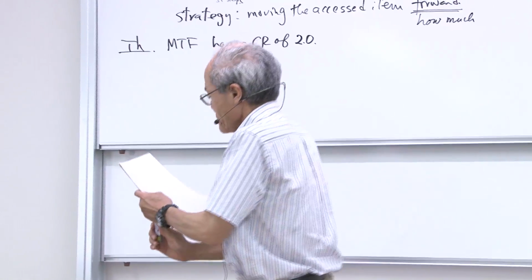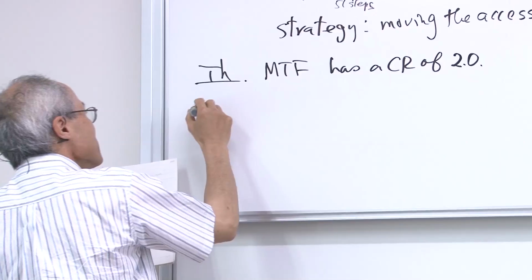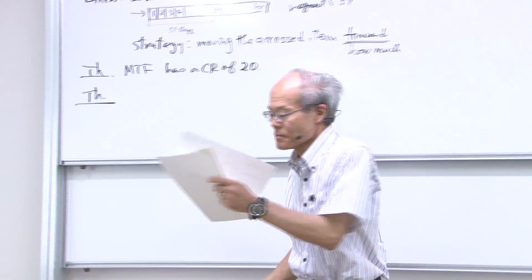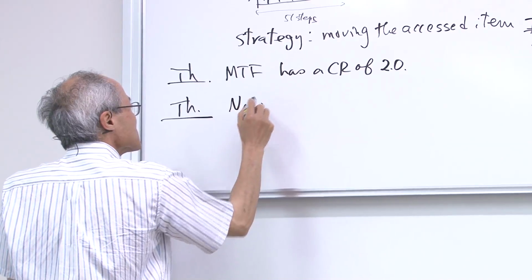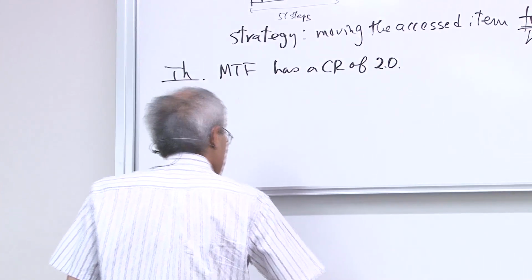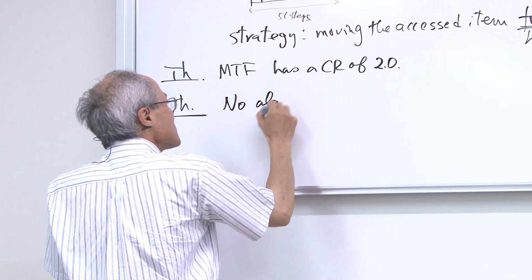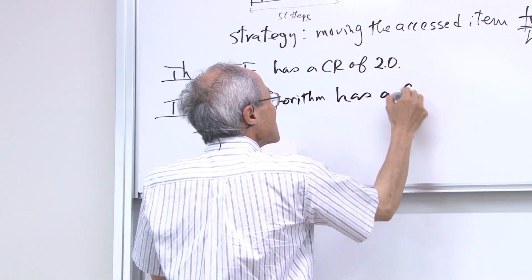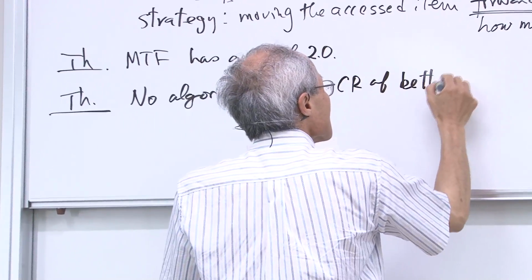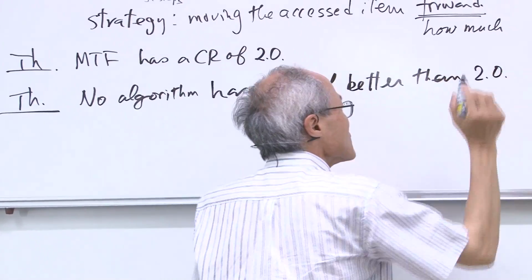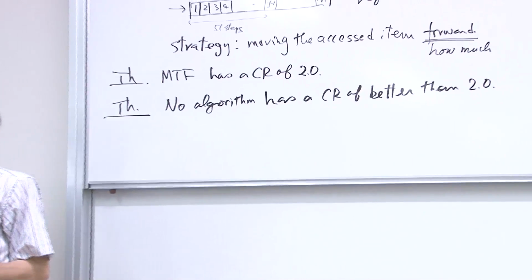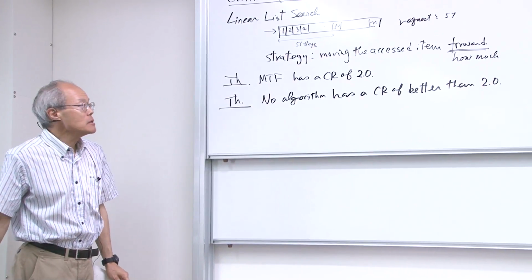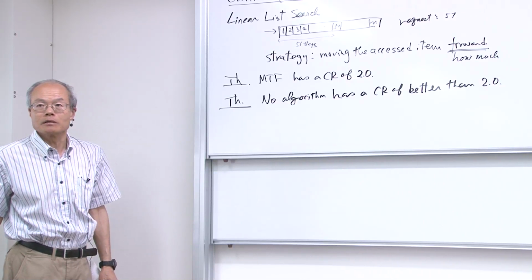Today, we're going to prove that this algorithm is optimal, meaning no algorithm has a competitive ratio better than 2.0.